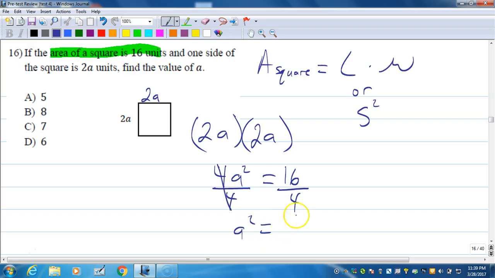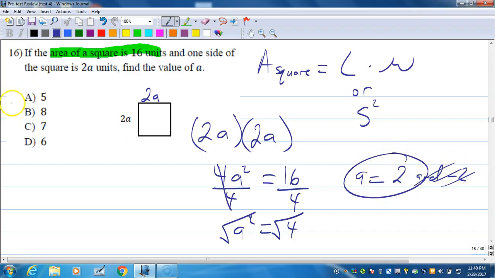A squared is equal to 16 divided by 4 is 4. How do you get rid of this 2? Take the square root. And you get a is equal to the square root of 4, which is 2, and negative 2. But since we're talking about area, we're not really going to use a negative 2 in this case. It's 2. There is no 2 here, the answer's not there.